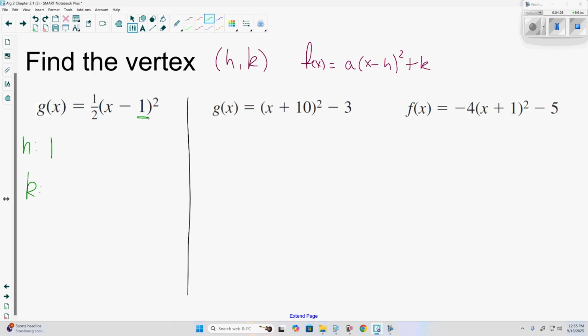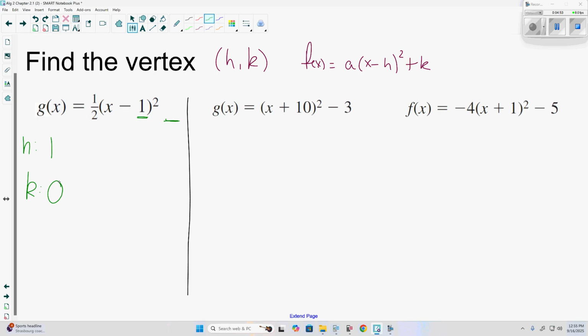Would that value of h be positive or negative? Positive, because our x minus h, x minus 1, h is going to be positive 1. Now, what's our value for k? Is there a value written out here? No, so it's understood to be 0.